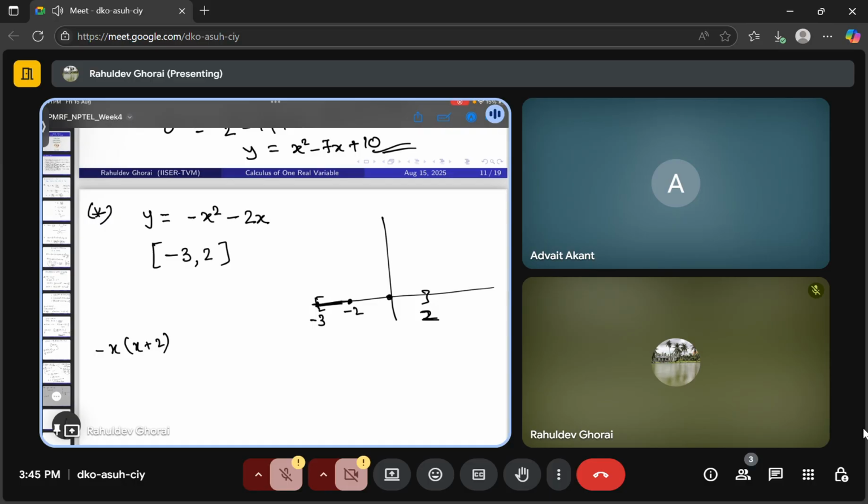So minus 3 to minus 2, it will be negative. Okay, minus 2 to 0, that will be positive. Let's say minus 1, it will be positive.